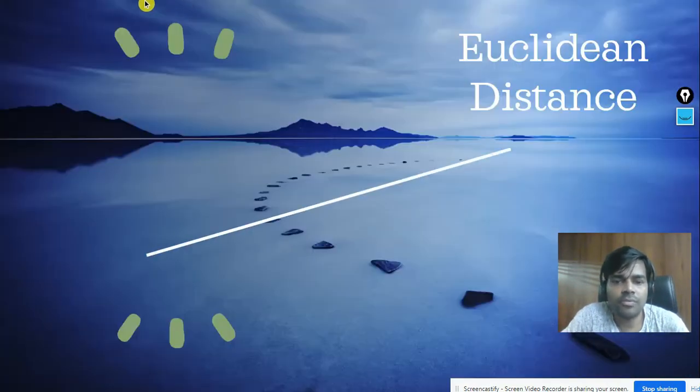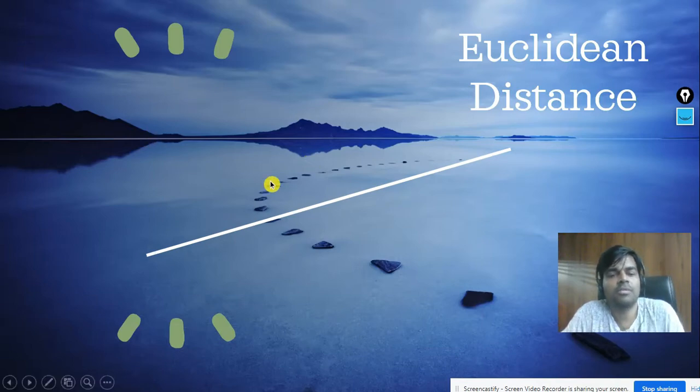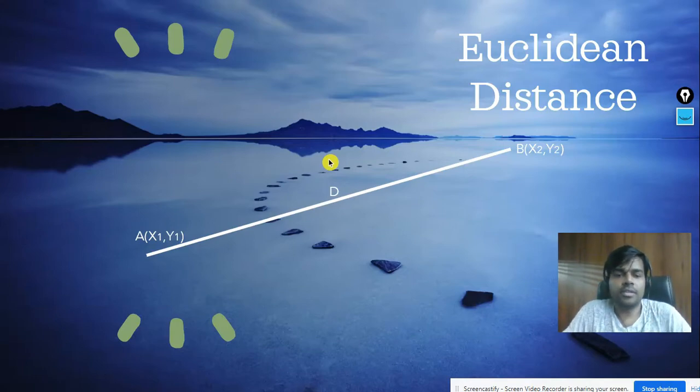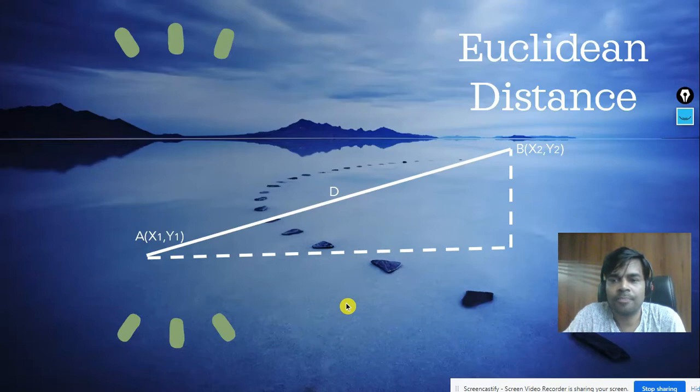Suppose we have one line, and the two endpoints of this line are point A and point B. A has coordinates x1, y1 and B has x2, y2, and the distance is D. If I add a dotted line here, do you find something common, a right angle triangle?